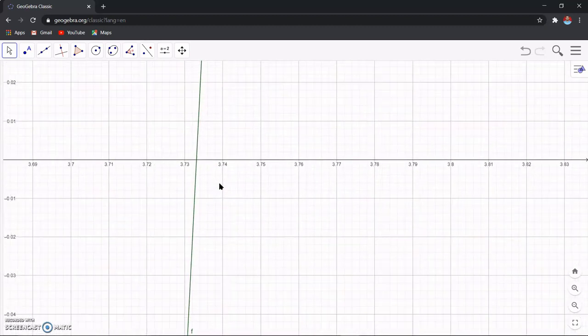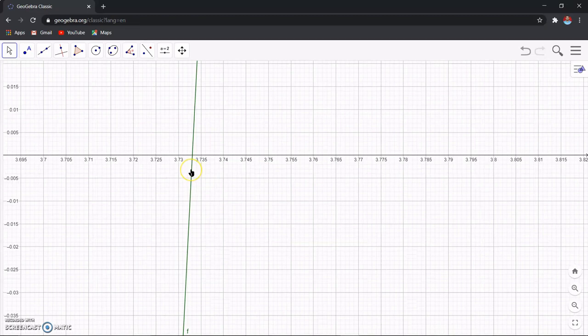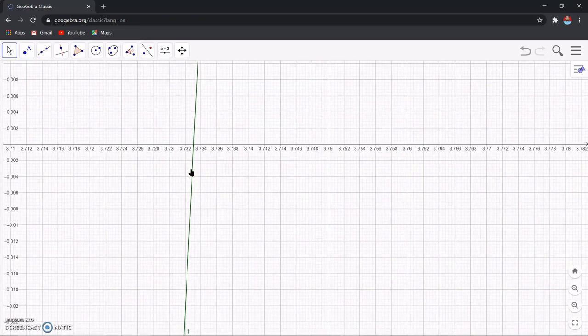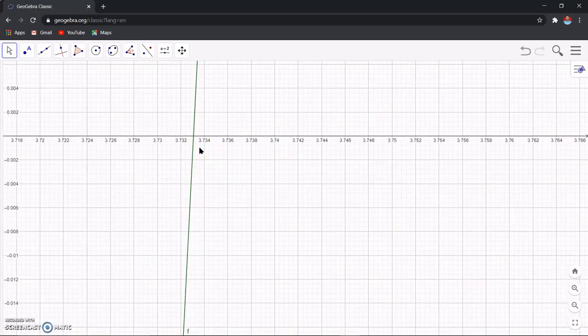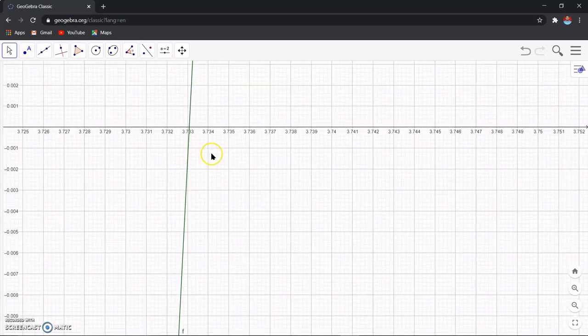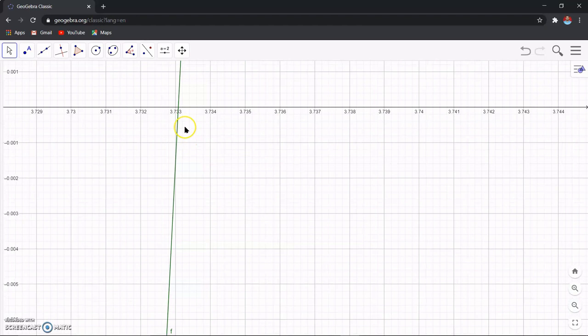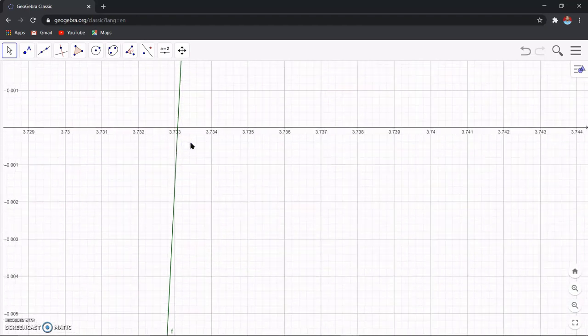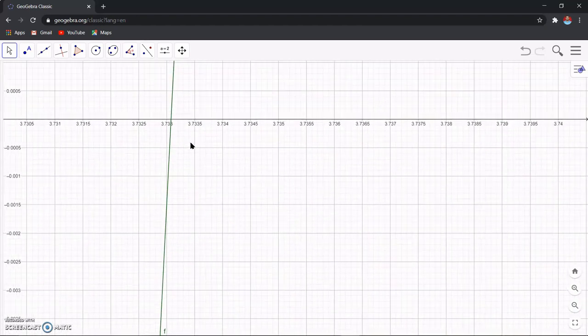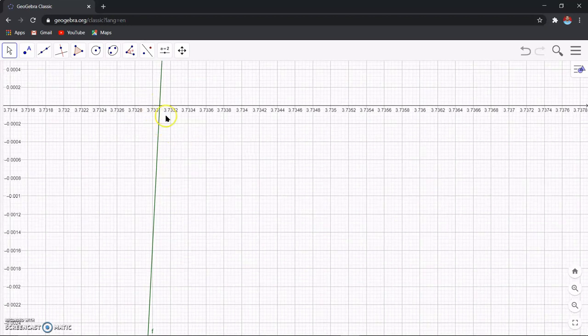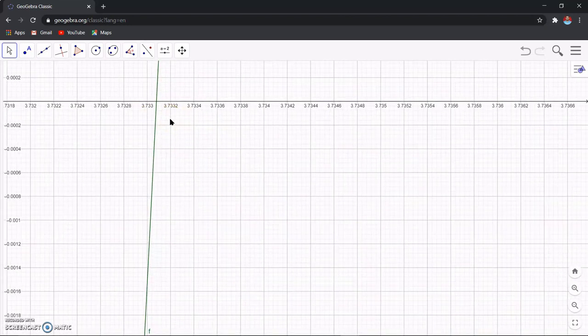It is between 3.73 and 3.735, sorry. And the approximate root that we got was 3.7331, I guess. Yeah, so you keep on zooming and slowly you will be coming closer and closer to the exact root.